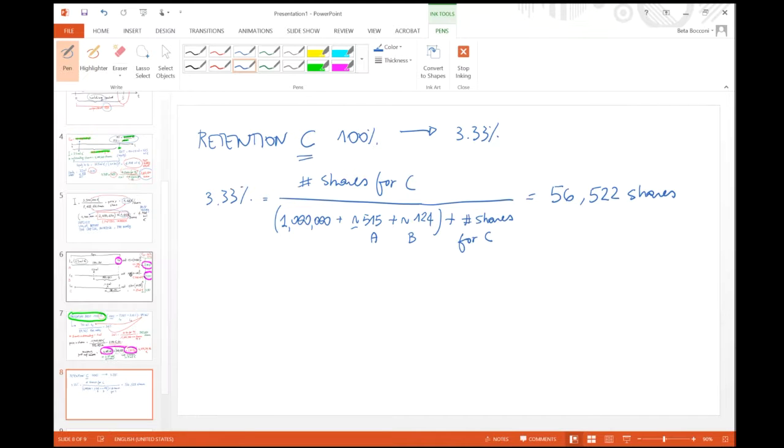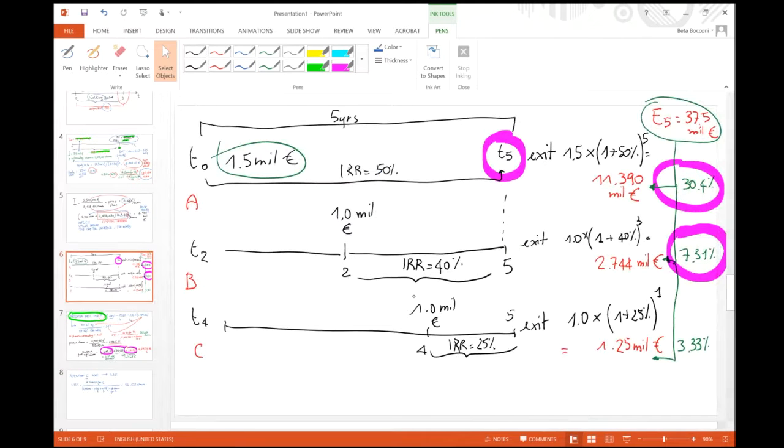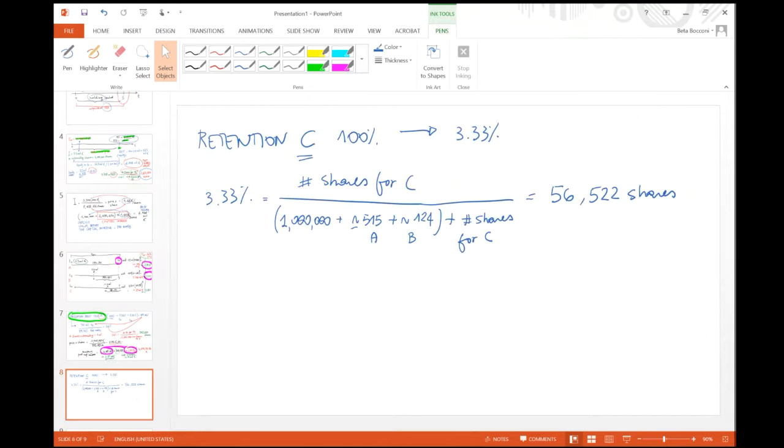And as you remember, investor C is willing to deploy 1 million investment in the company.